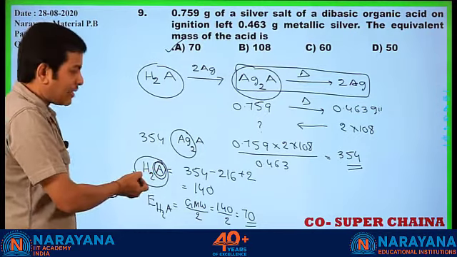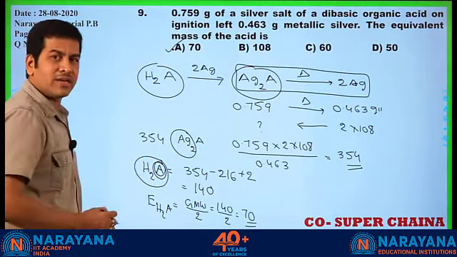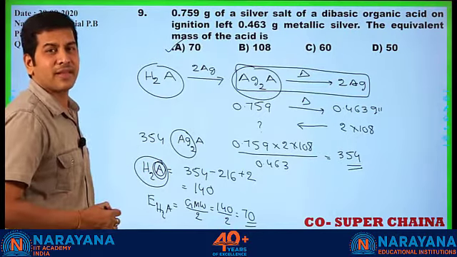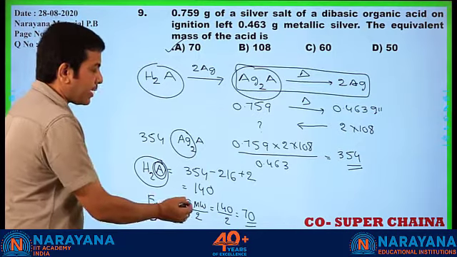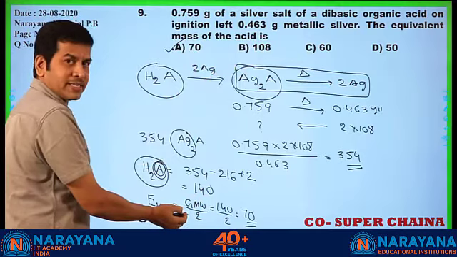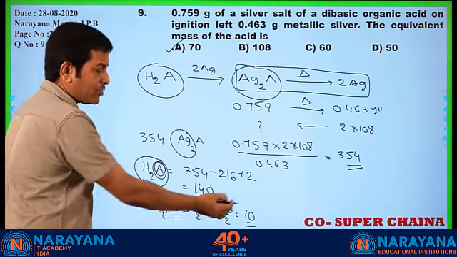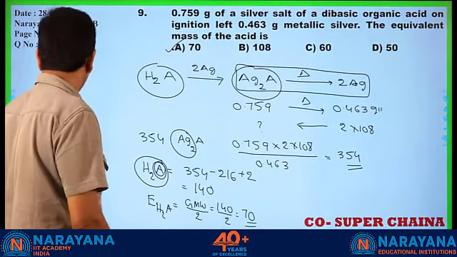Then total is 140, the H2A molecular weight. He is asking about equivalent weight: gram molecular weight by basicity. Basicity is 2. 140 by 2 is equal to 70. Okay. Next question.